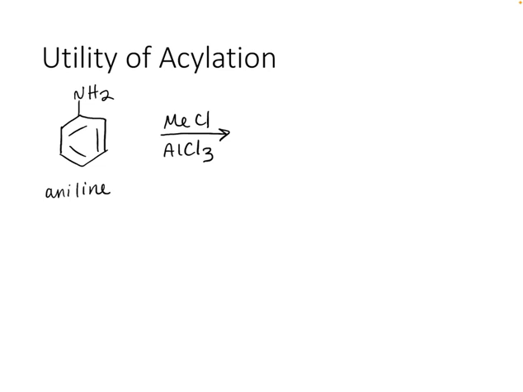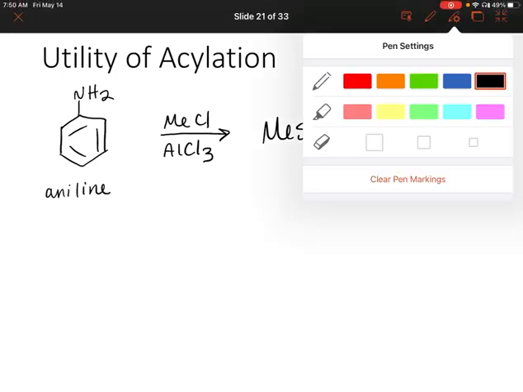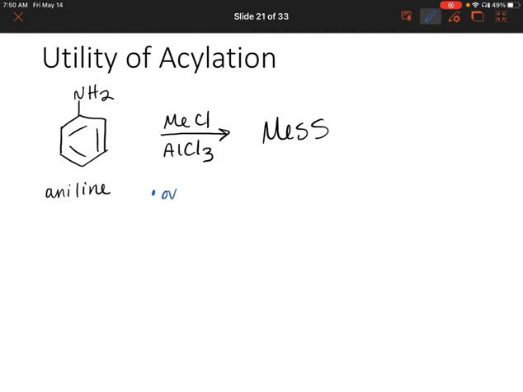Unfortunately, this is just going to give us a big old mess. So we'll see over-alkylation of the ring. Additionally, that amino group could perform a substitution reaction with our methyl group there.